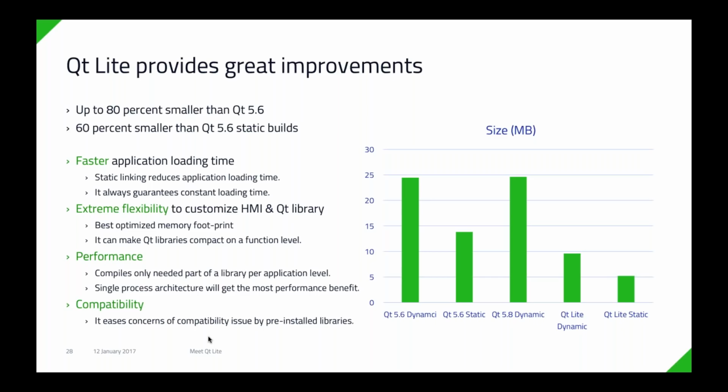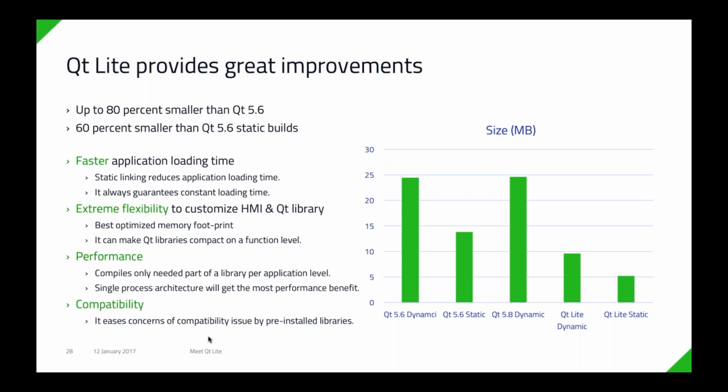Even with a dynamic build, you can cut the size of the whole stack, meaning the Qt libraries plus the application itself, from 25 down to around 9 megabytes. With a static build, we're currently getting down to 5 megabytes. And I think we still have some room to improve on that number as we move towards Qt 5.9 and 5.10.